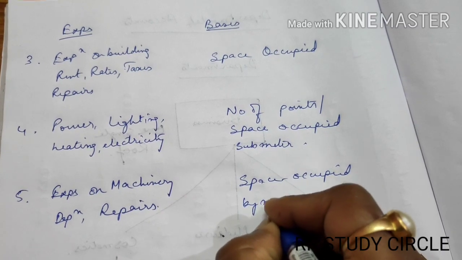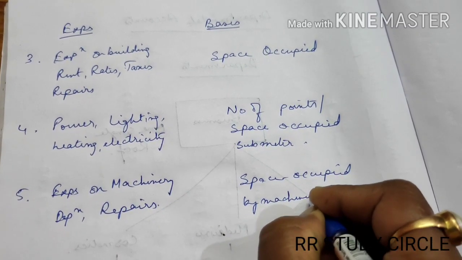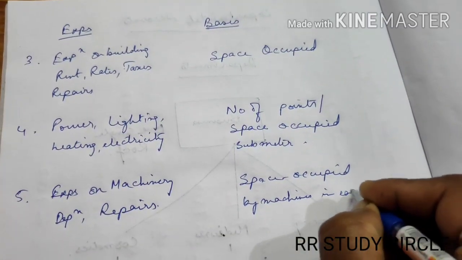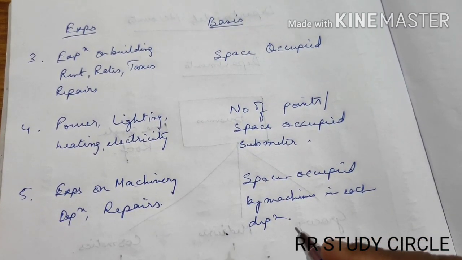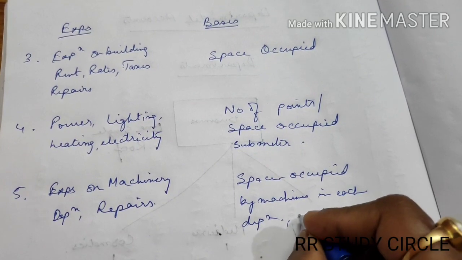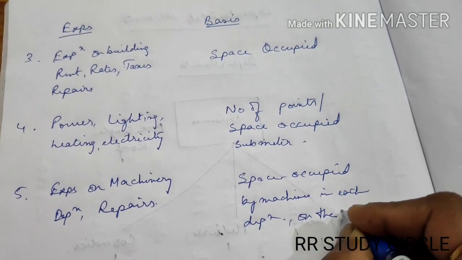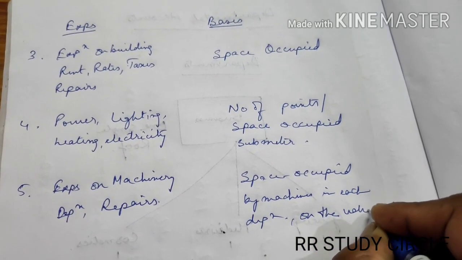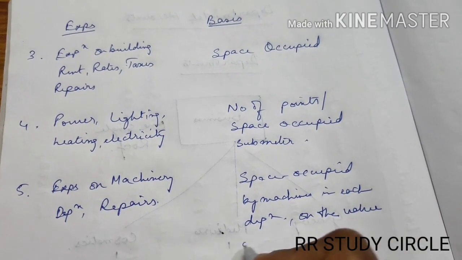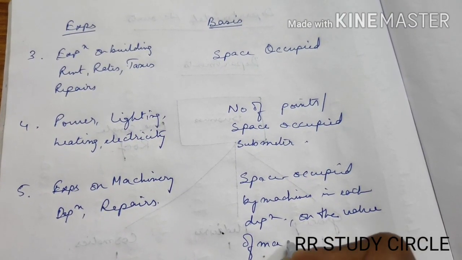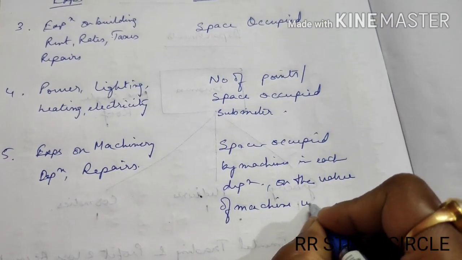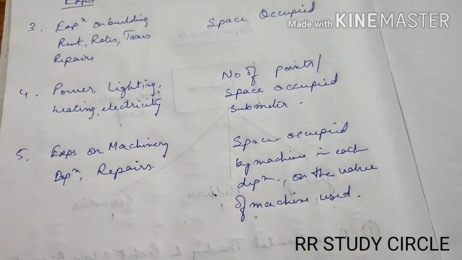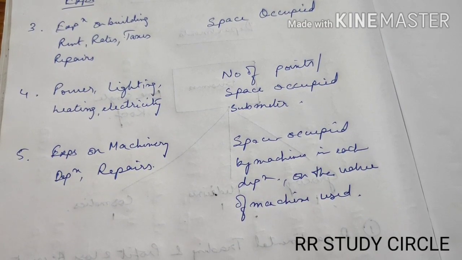Okay, or on the basis of value of machine used. Also on this basis this can be allocated.